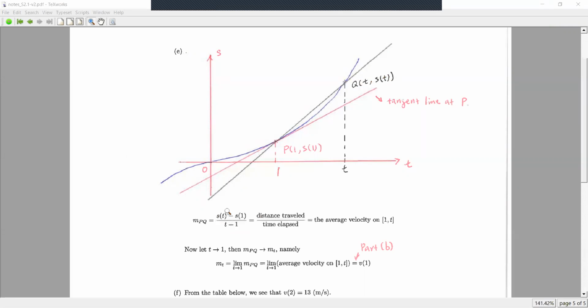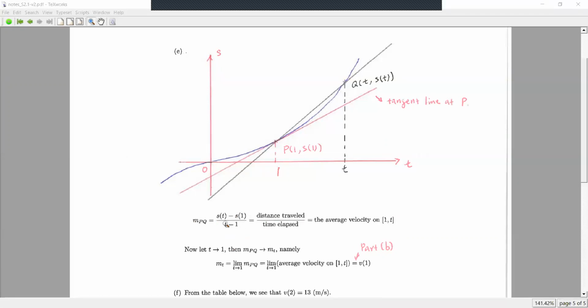S of t is the position of the car at the time t. S of 1 is the position of the car at the time 1. Position at t minus position at 1 is the distance traveled by the car over this time interval. t minus 1 is the time elapsed over this time interval.